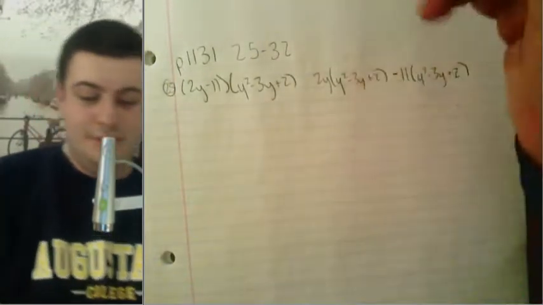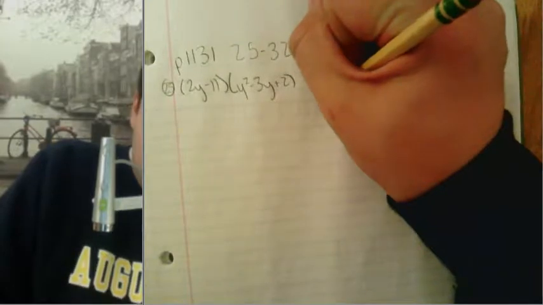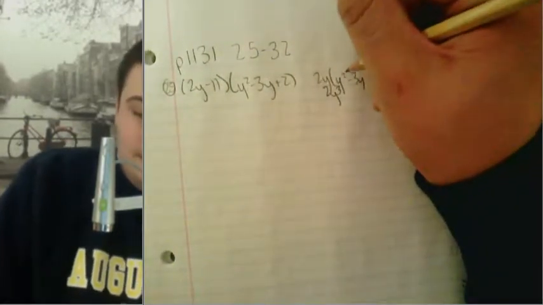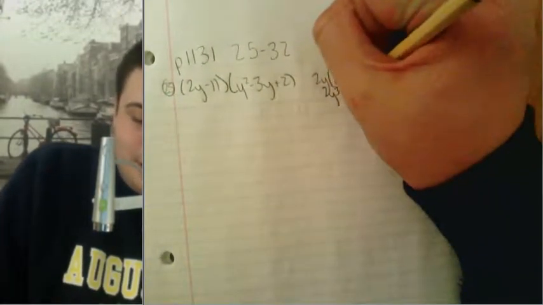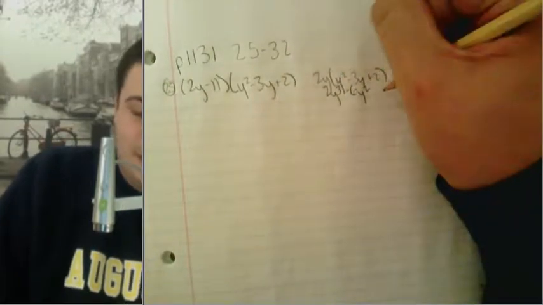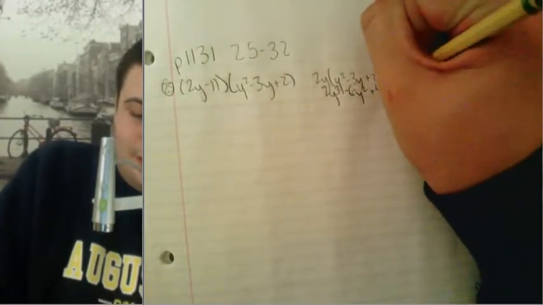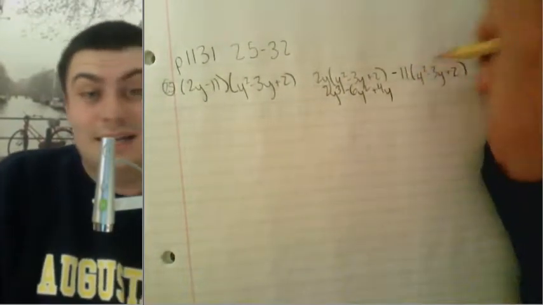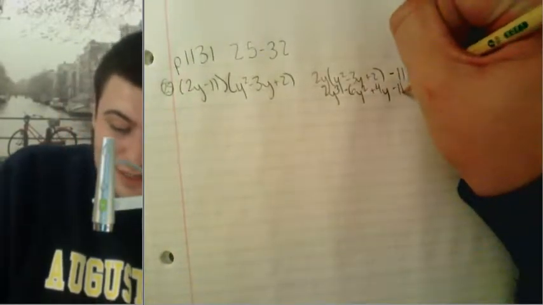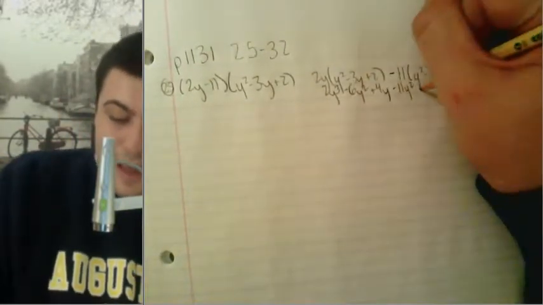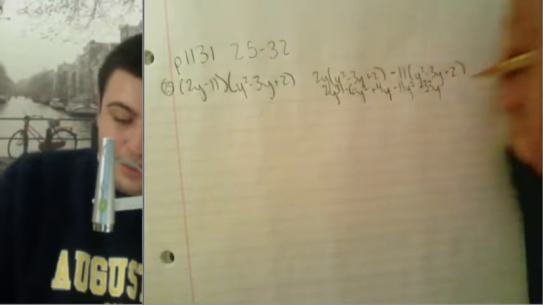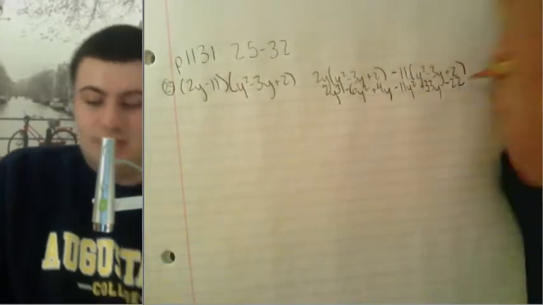Then I distribute. 2y times y squared, 2y cubed. 2y times negative 3y, minus 6y squared. 2y times 2, plus 4y. Now careful, this negative comes with me, so now I have negative 11y squared plus 33y minus 22.